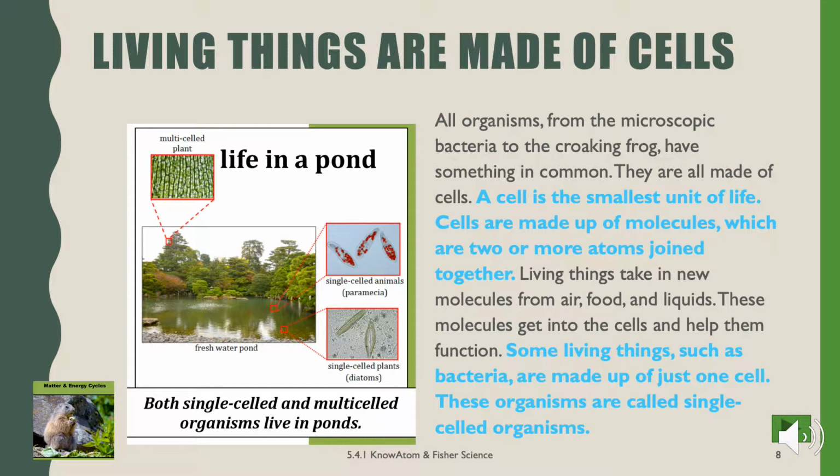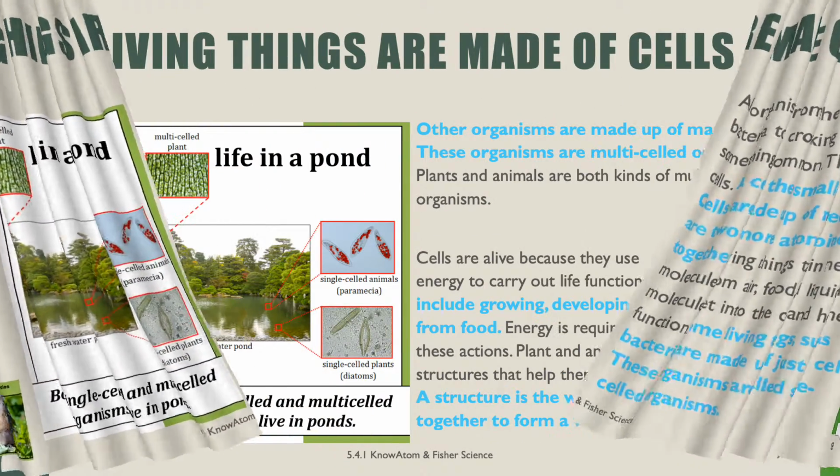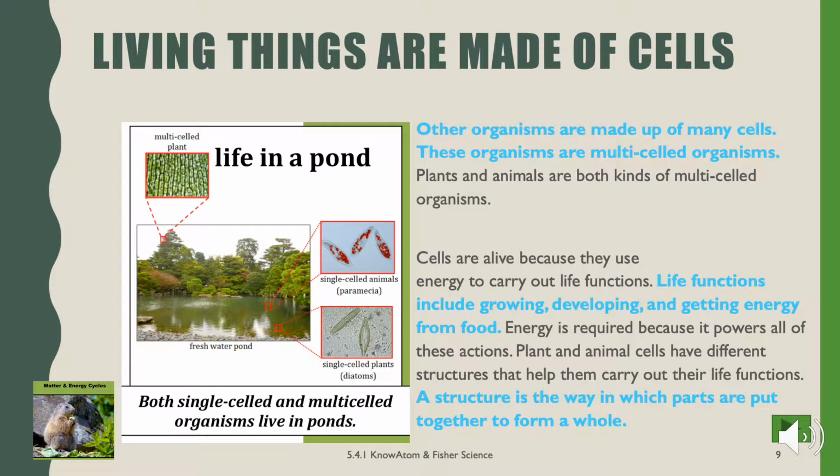And we know that living things need food, air, liquids in order to function. So bacteria are some examples of single-celled organisms, while a frog or a fish or us are examples of multicellular organisms, which is what we're talking about on this next slide.